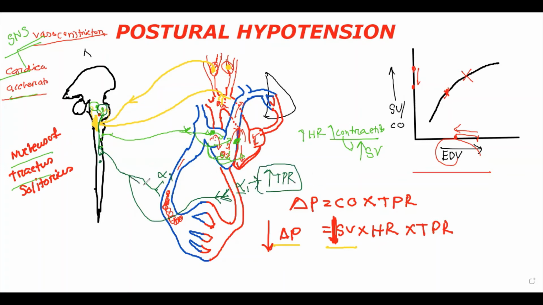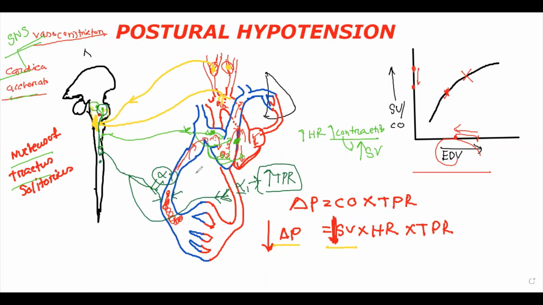And here this fiber is activating the alpha-1 receptor present in the vein, so due to activation, venoconstriction will occur, and the compliance of this vein will be decreased, so more blood will rush into the right atrium.